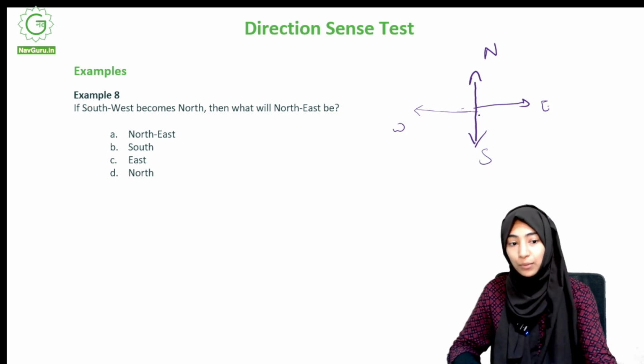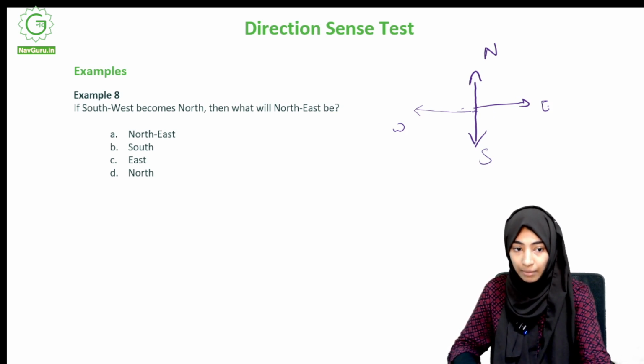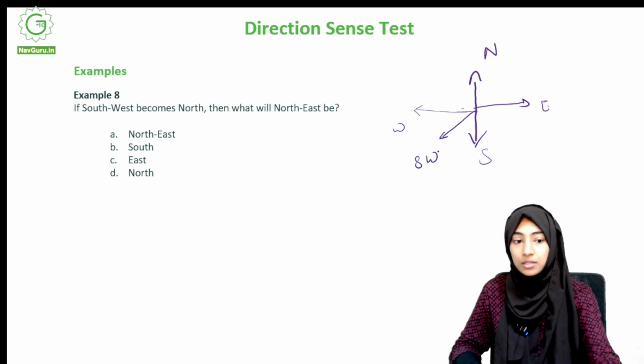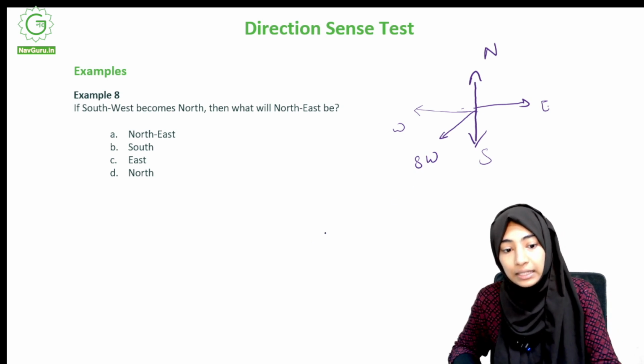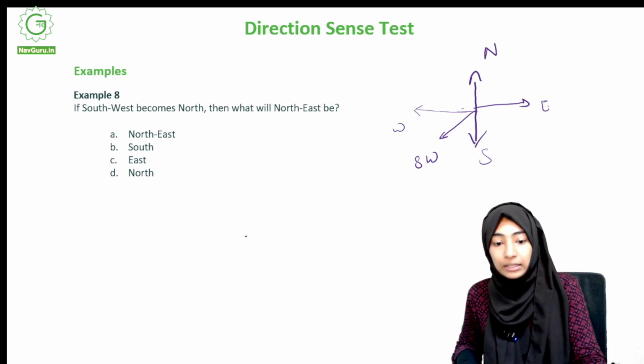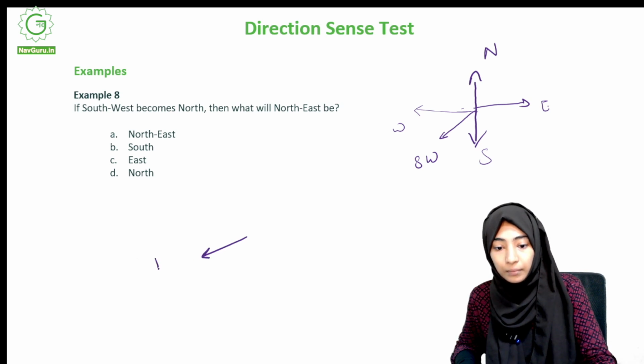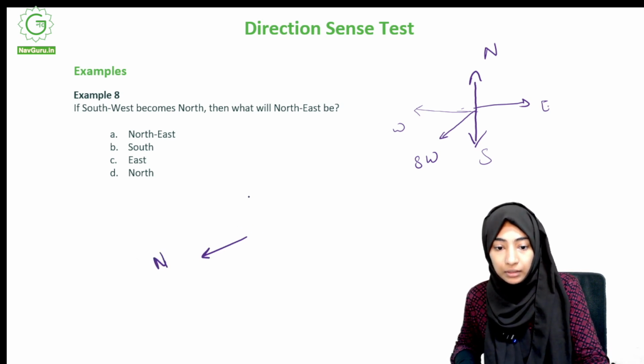Basically you have that southwest. So where will southwest be? It will be somewhere here, right, between south and west. So southwest becomes north. Okay, so this southwest has become north. Basically your north is somewhere here. Your north has become here.